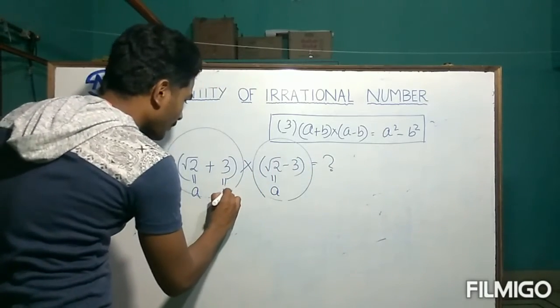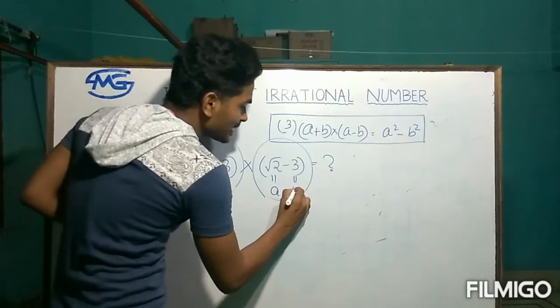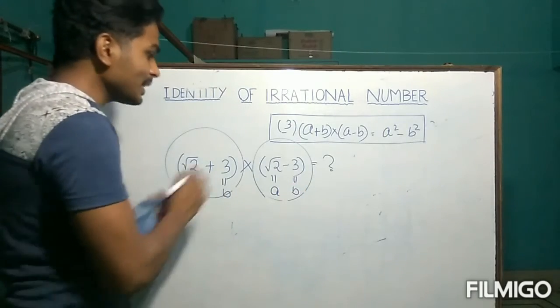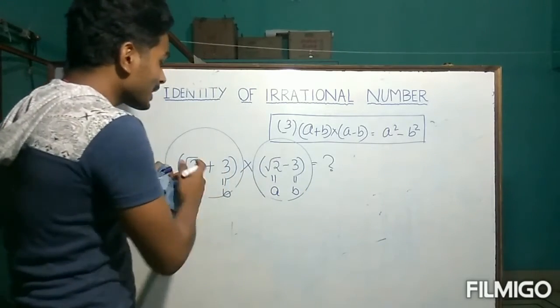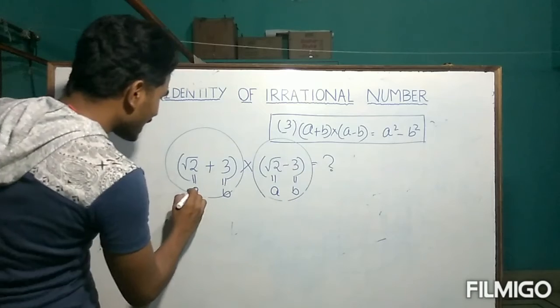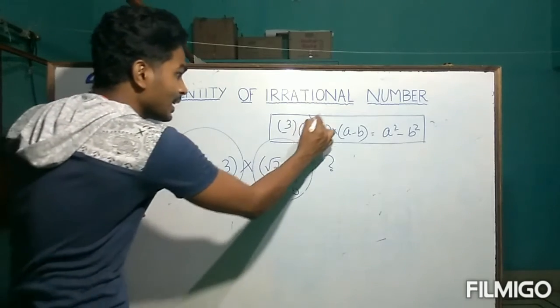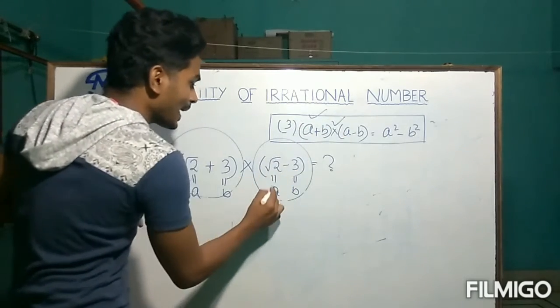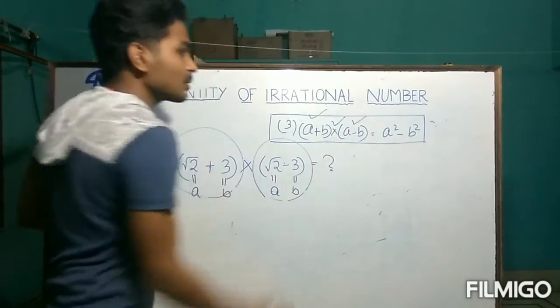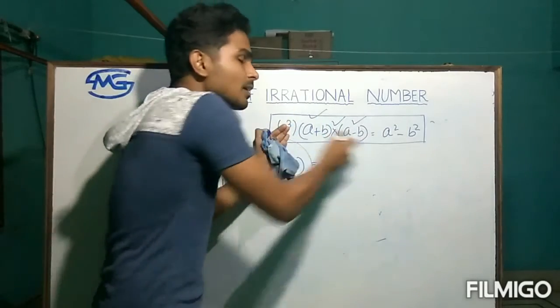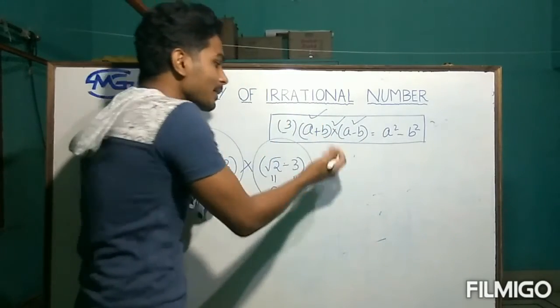So we can say it as B. So see, these two terms will form the formula (A plus B) whole into (A minus B). So they will form the left side of this formula. So what will be its value?